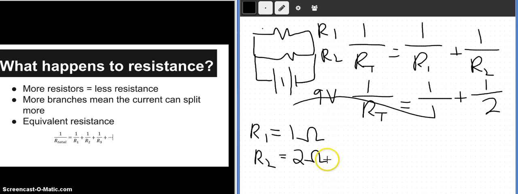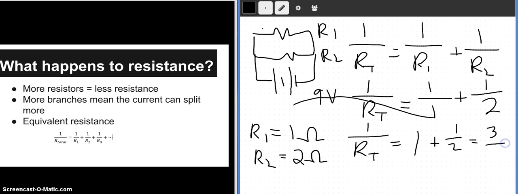All right, so 1 over RT equals 1 plus 1/2, which equals 3 over 2, if we keep it in fractions. You can put it in decimals, that's fine, it'd be 1.5.